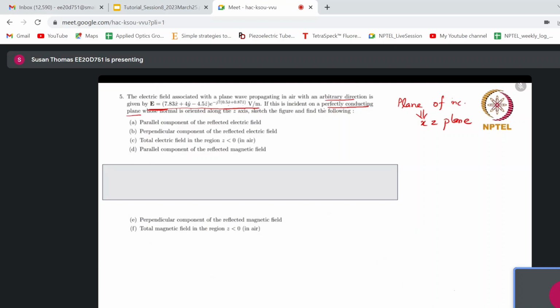One side is air, the plane wave is propagating in air, and it is now incident on a perfect conductor. This perfectly conducting plane has its normal oriented along the z-axis. Sketch the figure and find the following. So now let's start with sketching the figure so that this concept becomes easy to grasp.